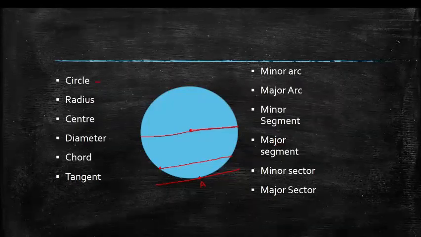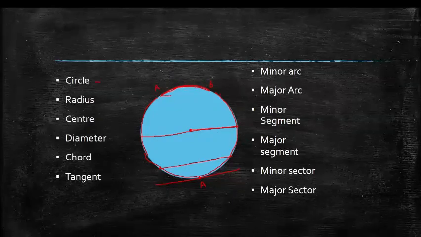Then we have already talked about the chord. Now let us talk about the minor arc. We are just connecting 2 points on the circle, A and B, that is a part of the circle. So this portion is called an arc. When it is a smaller one, it is called a minor arc, and the other one, this one which is here, is called a major arc, right? Then we talked about the minor segment and major segment.